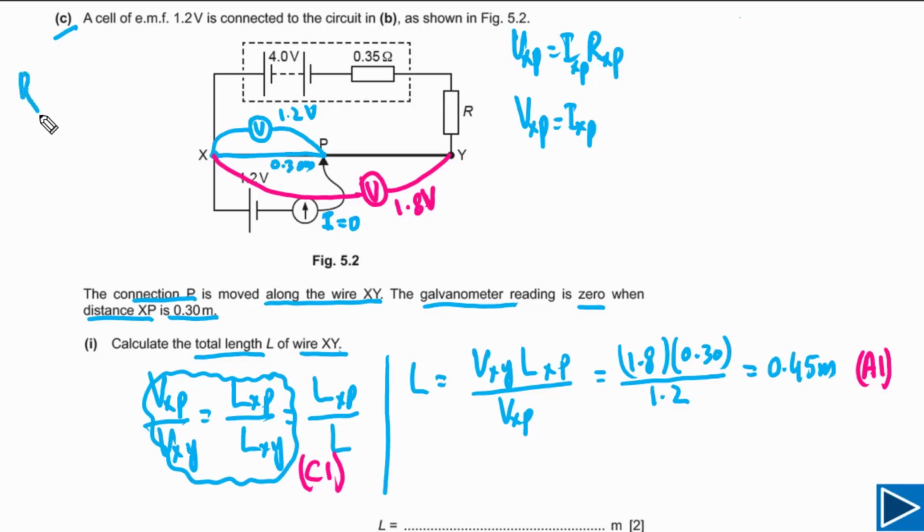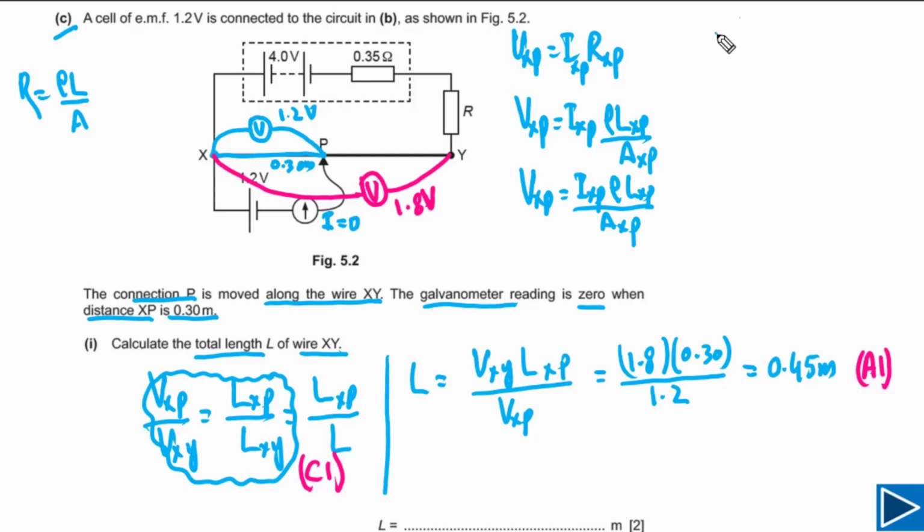Resistance of any wire is equal to rho L by A. Here rho is the resistivity and A is the cross-sectional area of the wire. We can say this is Axp. And we can write Vxp is equal to Ixp times rho times Lxp divided by Axp. So this is how we can write Vxp.